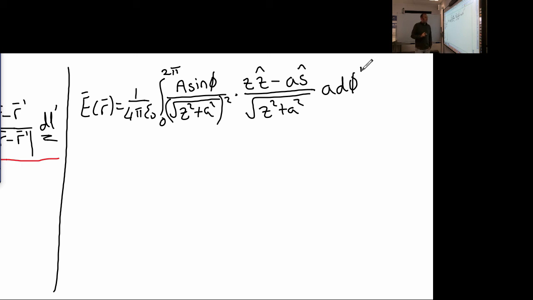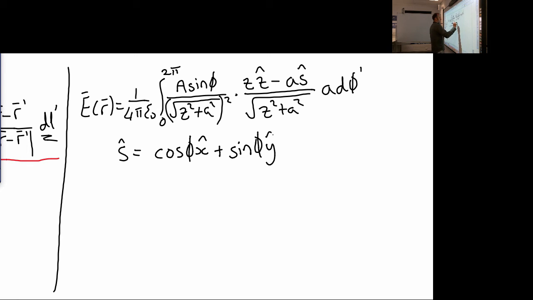Now, what's important here to realize is that the s hat cannot be taken outside the integral. The reason being is the s hat is going to be changing in direction as we do our integration. So what we must do is convert the s hat into Cartesian coordinates. And s hat, and you can find this in Griffiths, is going to be equal to cos phi x hat plus sine phi y hat.